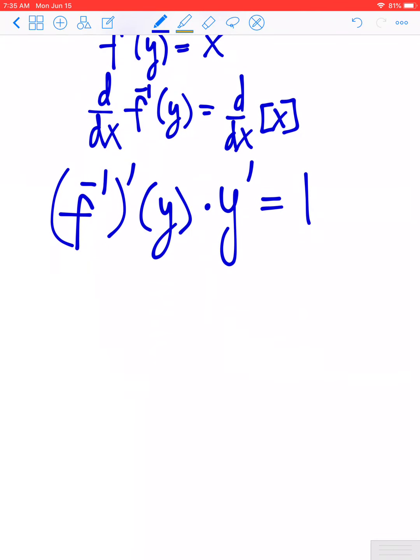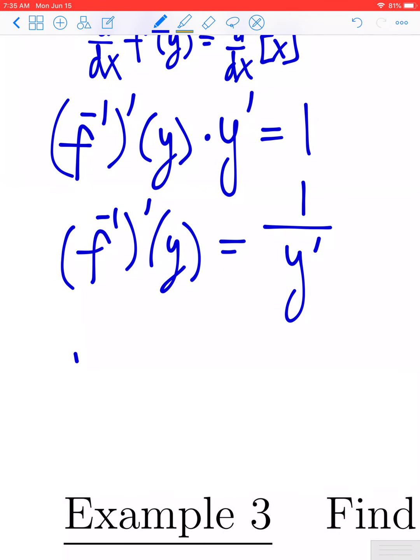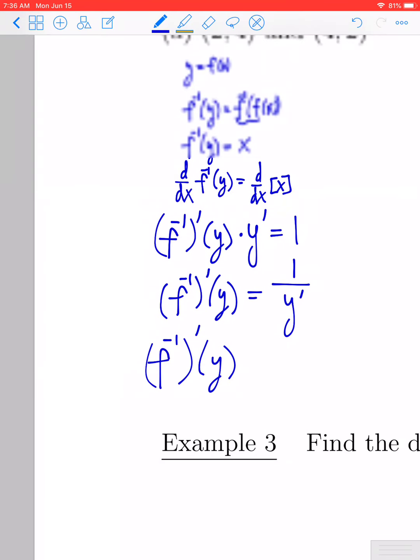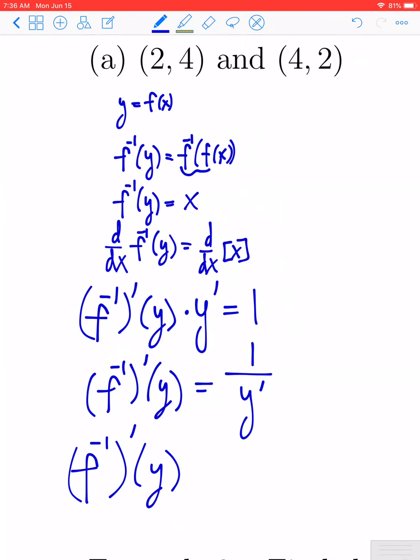We can solve this for the inverse function: f inverse prime of y would be equal to 1 divided by y prime. Now if we think about it, we know what y prime was equal to. If I come up here, y prime would be just our standard f prime of x.